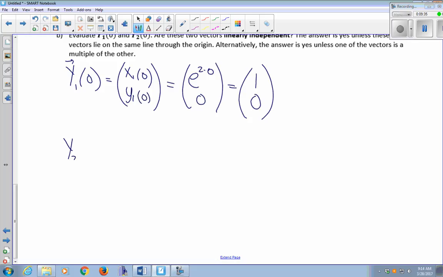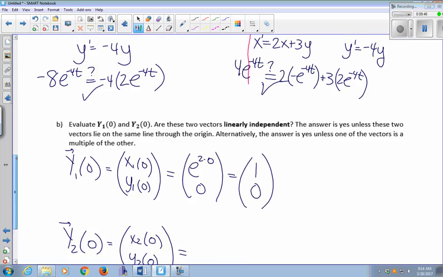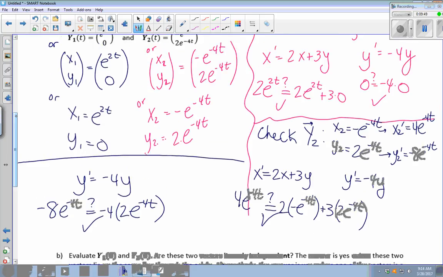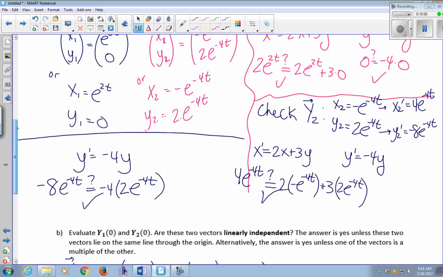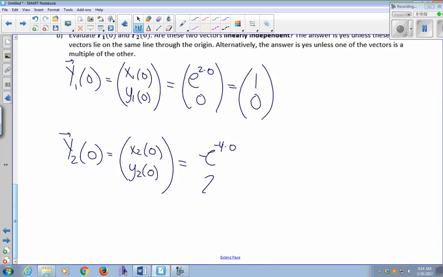All right, and then y2 of 0, we're looking for x2, y2, both evaluated at 0. So I'm going to look at my equations, x2 and y2, put in 0 for my t's, so I have negative e to the negative 4 times 0, and then my other one is 2e to the negative 4 times 0. So that's e to the 0 is 1, that's negative 1, and that's 2.